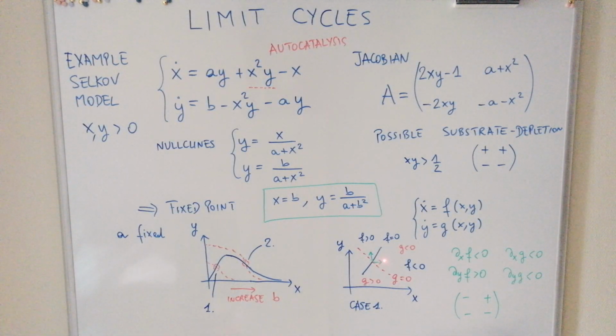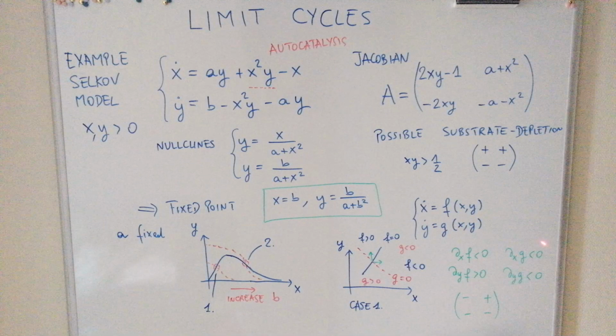If I move to this point, f is smaller than 0. So this derivative of f with respect to x at this point is negative. With the same type of reasoning, when I differentiate with respect to y, I'm looking at the difference between this point and this point. At this point f is positive, at this point f is equal to 0. So this derivative of f with respect to y is larger than 0.